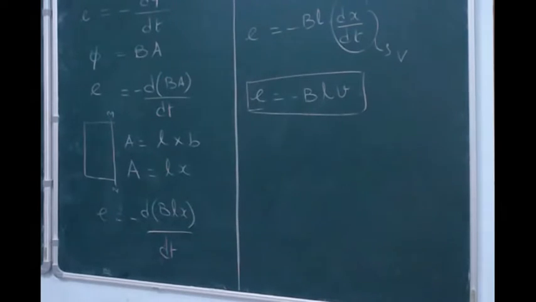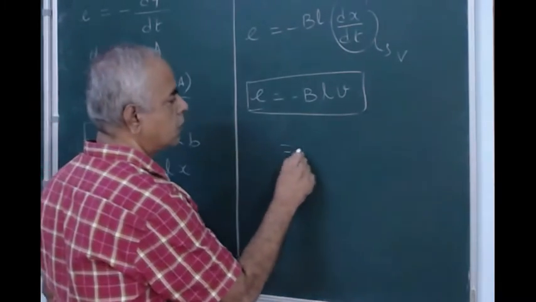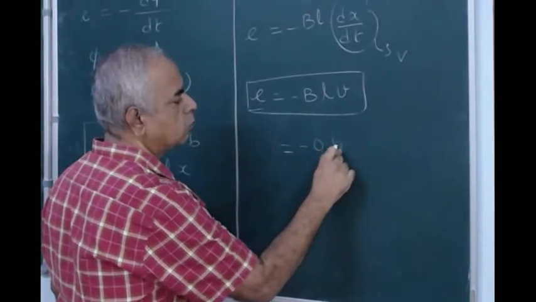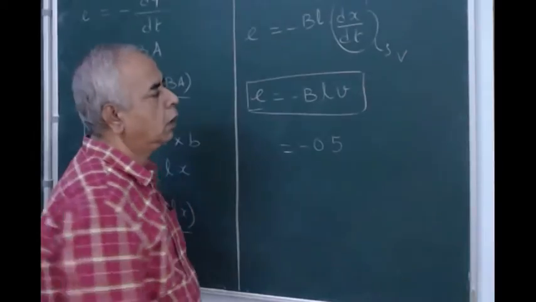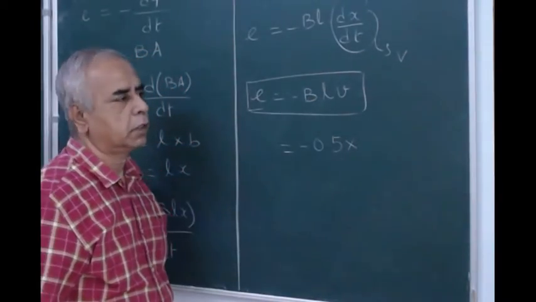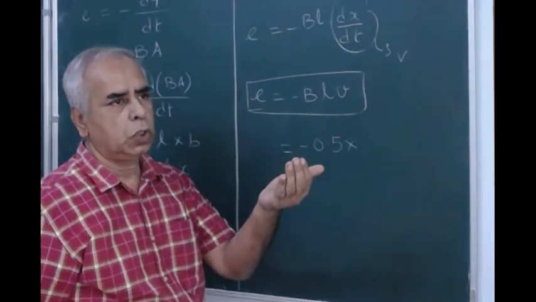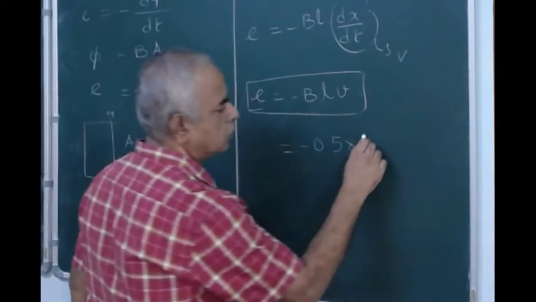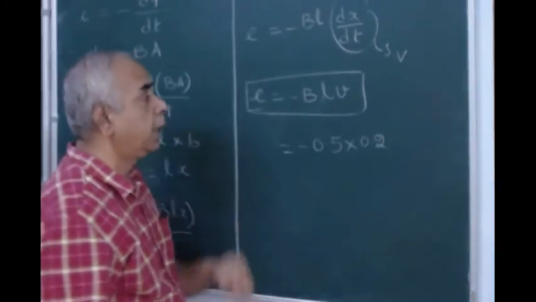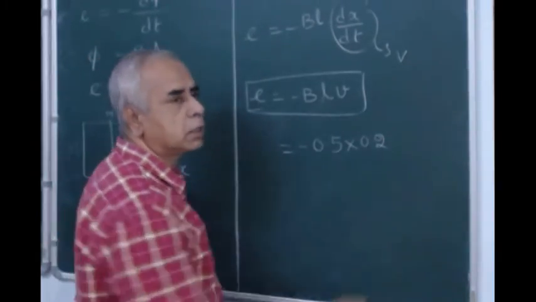Now let us substitute what is given here. B is 0.5 Tesla, that is the magnetic field. And what about the length? 20 centimeter. Centi is 10 power minus 2, so 20 means 0.2 meter. And the velocity is 10 meter per second.